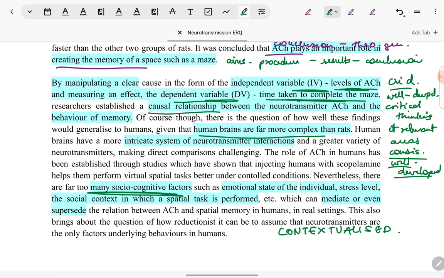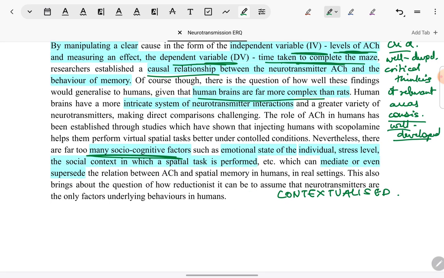Why in the case of humans the same things would not be found which is found in the case of animals. So an answer which just gives a general point in critical thinking, such as animals are used so generalizability is poor, falls in the 1 to 2 mark band.